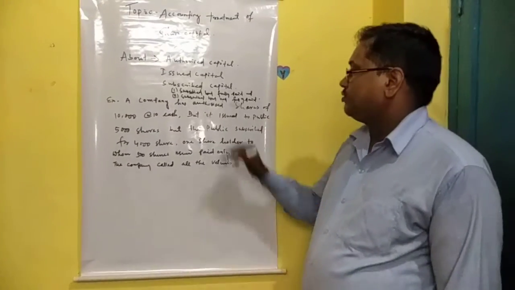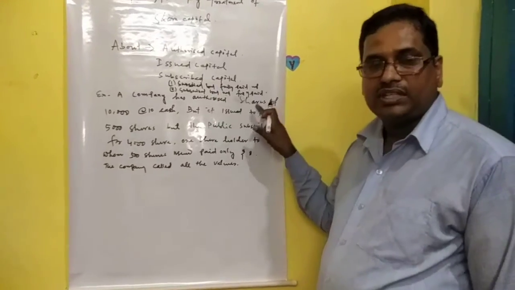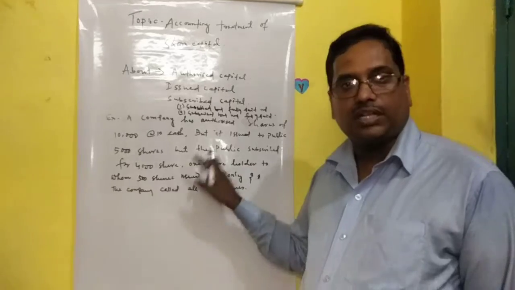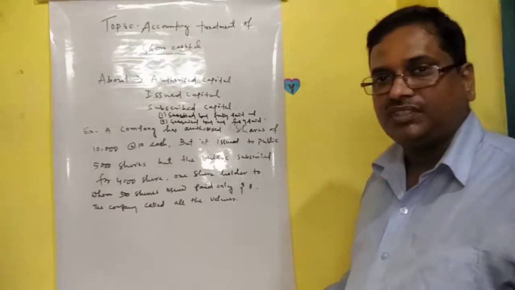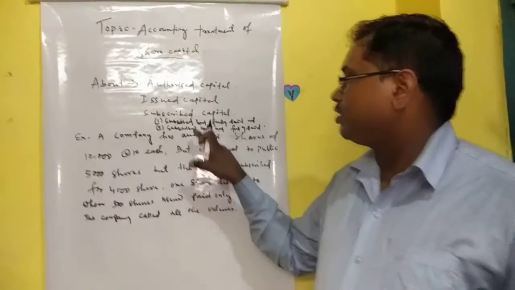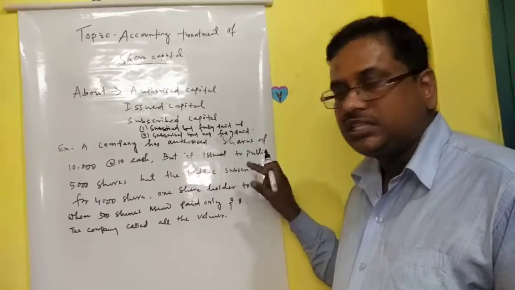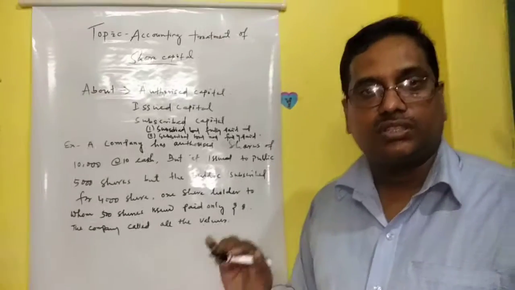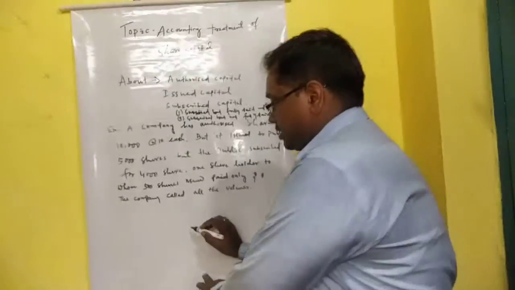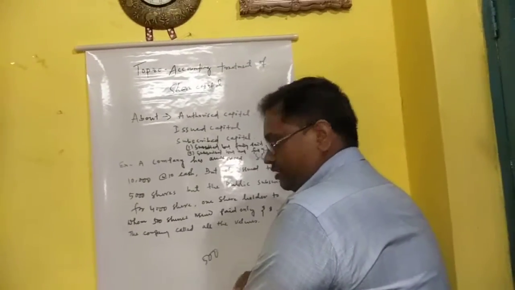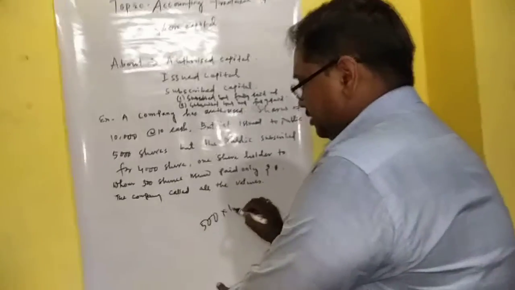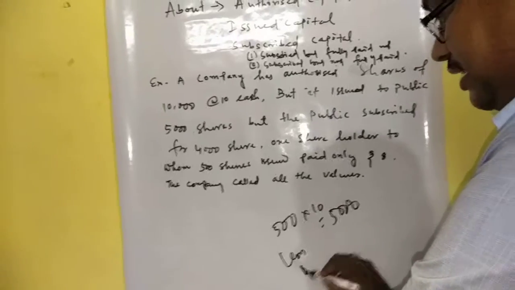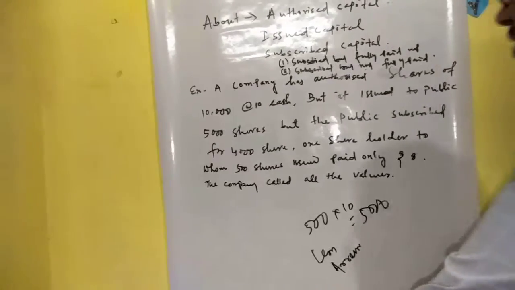So if you ask what is the amount of subscribed and fully paid up, it is 3,500 into 10, that is 35,000. If you ask what is the amount of subscribed but not fully paid up, that is, how many shares are not fully paid up by the public? 500 shares, because arrears were there. 500 shares into 10, that is 5,000, less arrears.